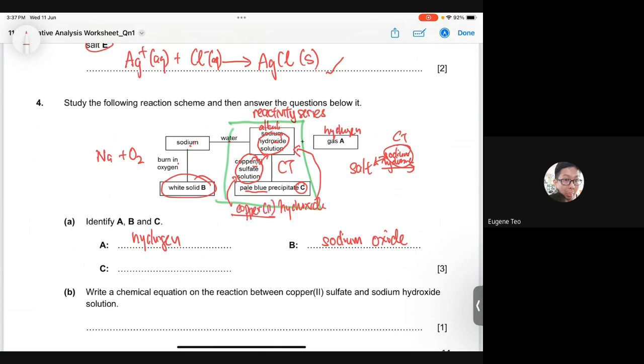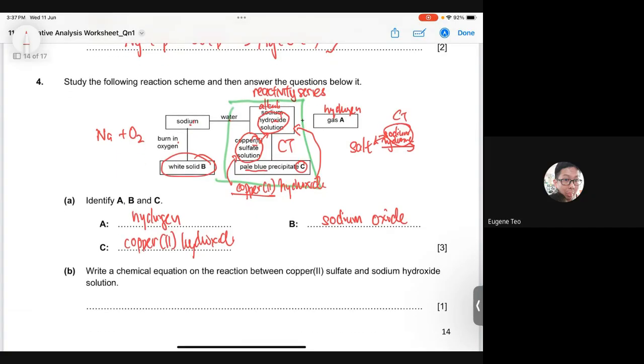So my C will be copper 2 hydroxide. I purposely left this example here so you can see that I can switch the position of your salt and alkali, so that it may not look like your usual cation test, but actually it still is.